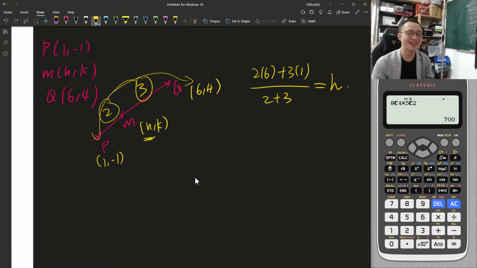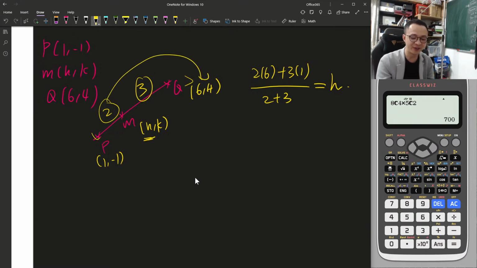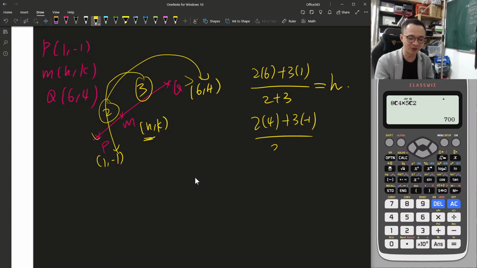After I'm done with the x part, I'm going to do the same for y: 2 times 4, plus 3 times -1, divided by the total ratio, will equal the middle k.